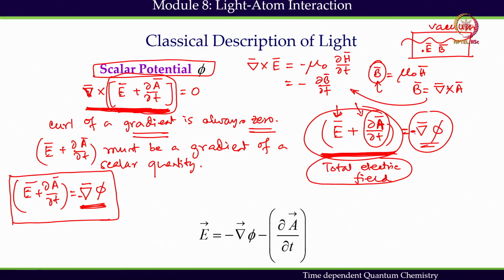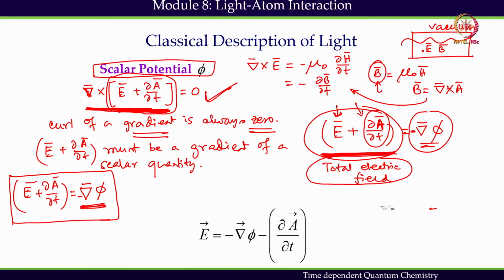So negative gradient should be there, and it doesn't hurt the mathematics as well, because as long as this part is valid, even if it is negative, it's still 0. So I'm okay with Maxwell's equations. I'm not violating Maxwell's equation, but I have introduced this negative sign so that I am phenomenologically correct to make the field and potentials opposite in direction.